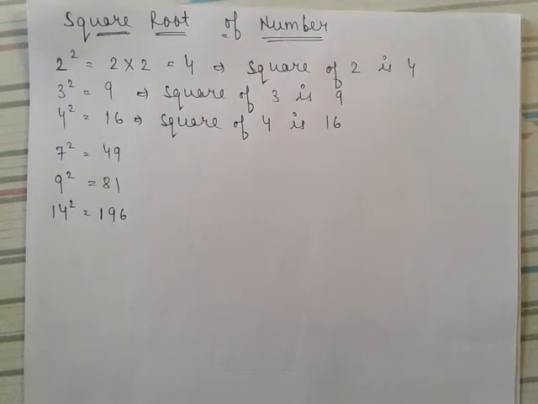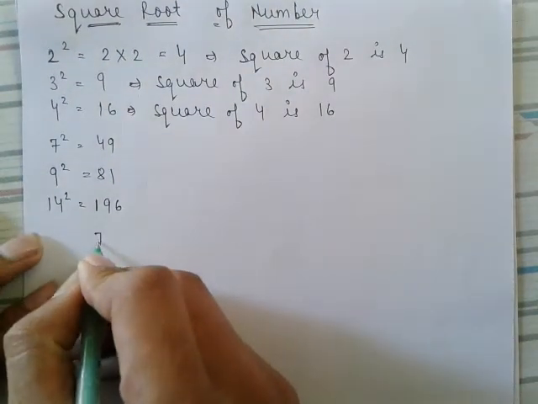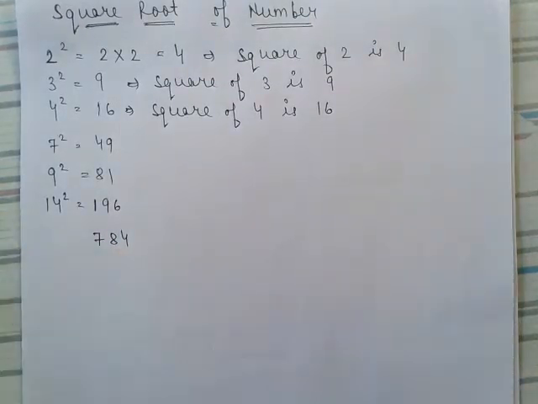But when I come to a larger number, can you tell me which number's square this is? Suppose I write 784. Can you tell me which number has the perfect square 784? I don't think you know.